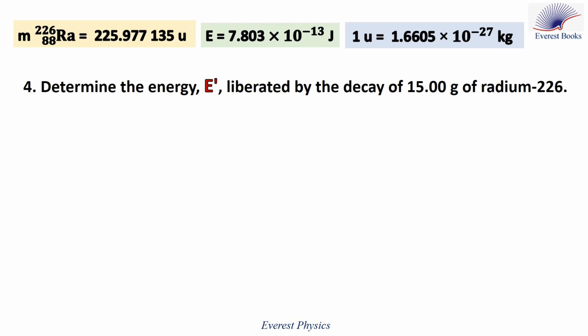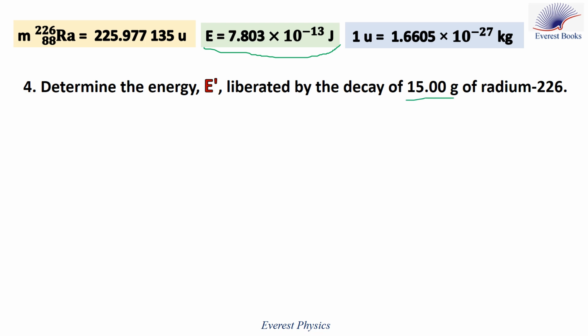Let's determine the energy E prime liberated by the decay of 15 grams of radium-226. Remember, the energy liberated due to the decay of one nucleus of radium-226 is 7.803 times 10 to the power minus 13 joules. But what if we have 15 grams?